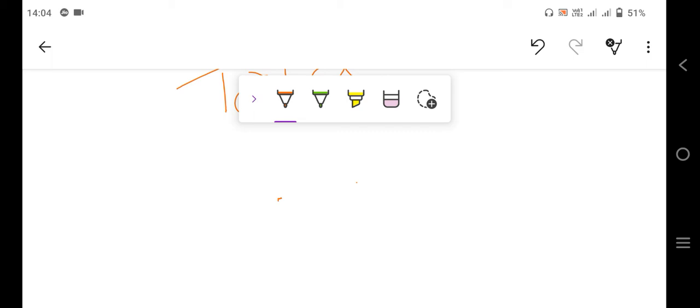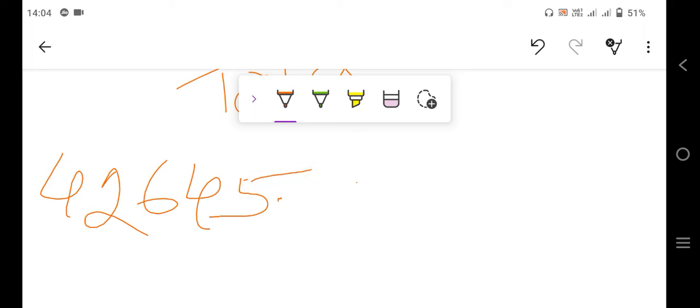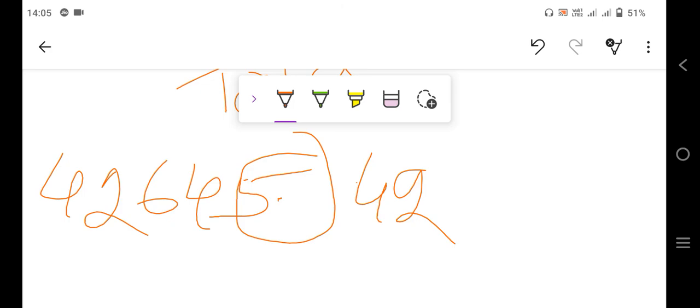The last figure is 5, so it will be rounded up to the next multiple of 10, that is 42,650.